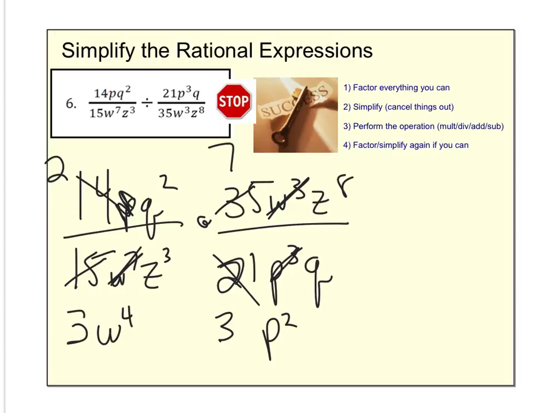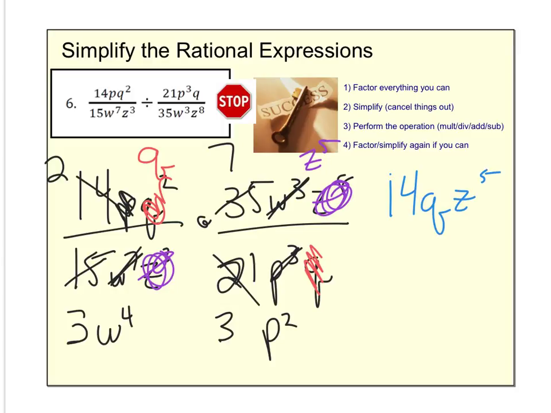Let's change colors here just for sake of not confusing. Q goes away. This Q just becomes Q. Z now becomes, well, that Z third goes away. Instead of Z to the 8th, that now becomes Z to the 5th. So on the top, I'm left with 14Q Z to the 5th.